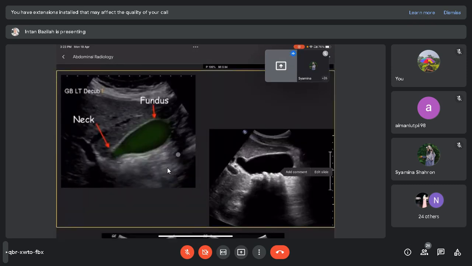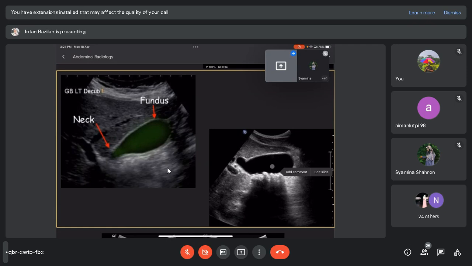Okay. This is the gallbladder. The normal gallbladder appears well defined. In ultrasound, how we describe is actually echo, because it involves echo. If it's completely black like this, we call it anechoic.